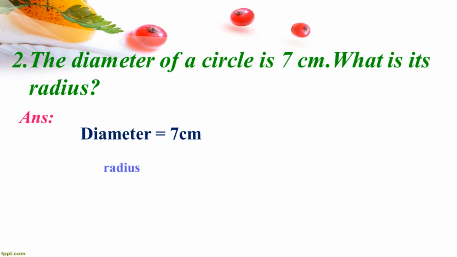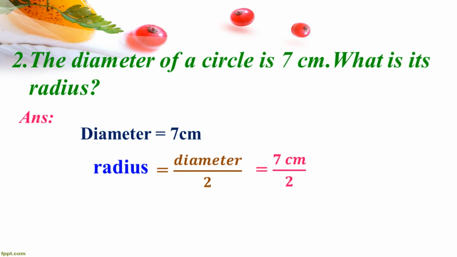So we can write radius equals diameter by 2. Here the diameter value is 7 centimeter. So 7 centimeter by 2, we get 3.5 centimeter. That is, radius equals 3.5 centimeter. Therefore, the radius of the circle is 3.5 centimeter.